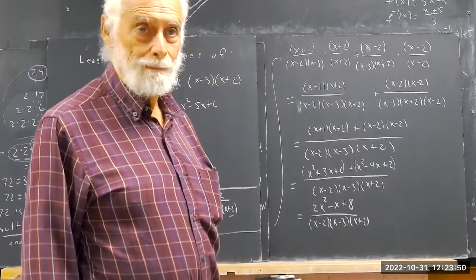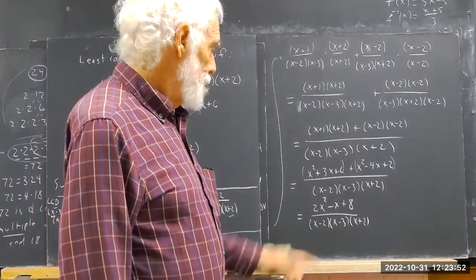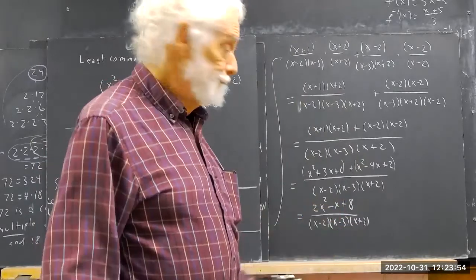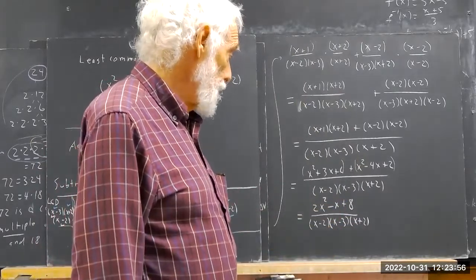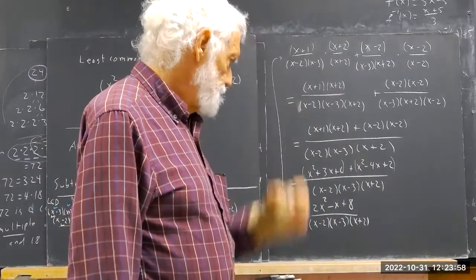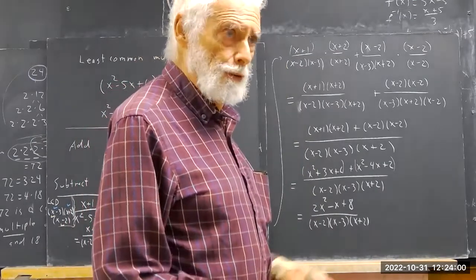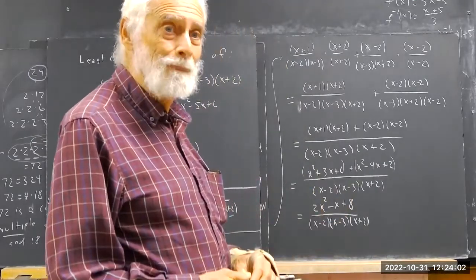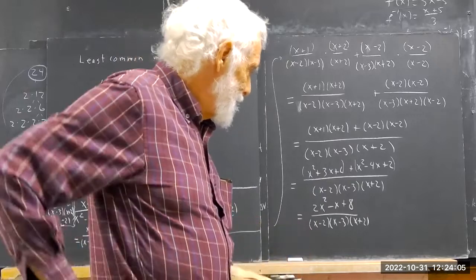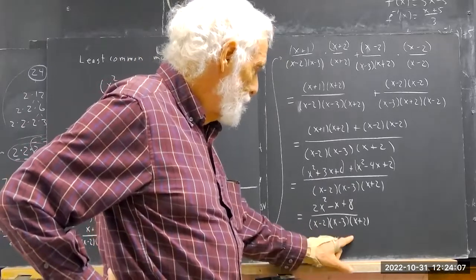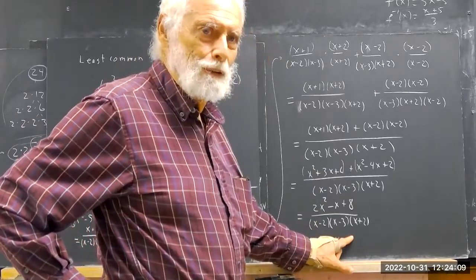Can't factor this. The 2 and the 8 are too big. I'm not going to get a minus 1 out of that. Of course, I can cheat and use the quadratic formula and tell right away. But you'll see how to do that.